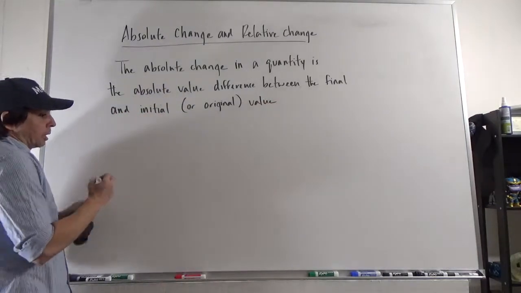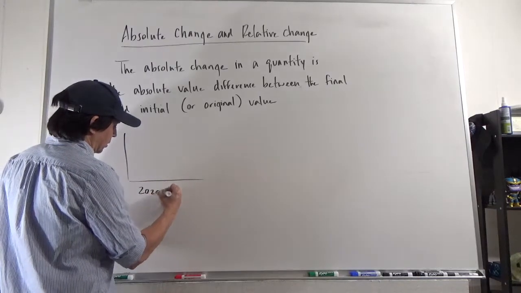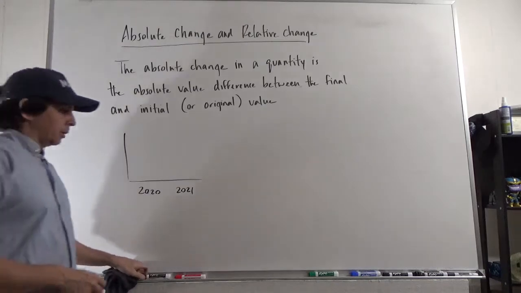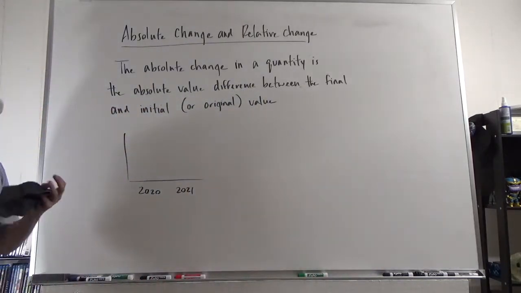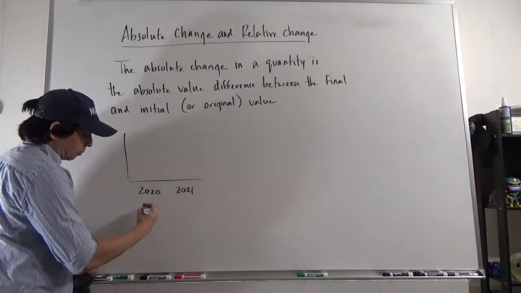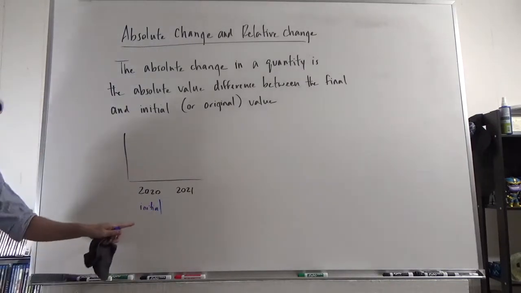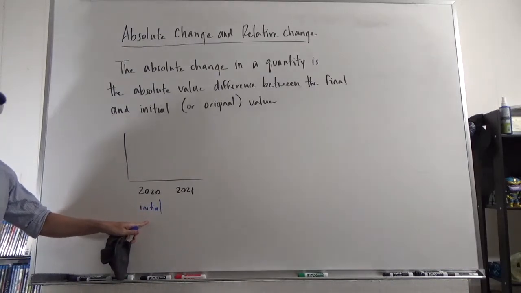So real quick, don't write this down. I'm just going to briefly talk about those terms that are in there. I was referring to them previously as befores and afters. Same idea, but the more formal term is initial. So in the previous examples, the 2020 population or whatever was the initial amount.